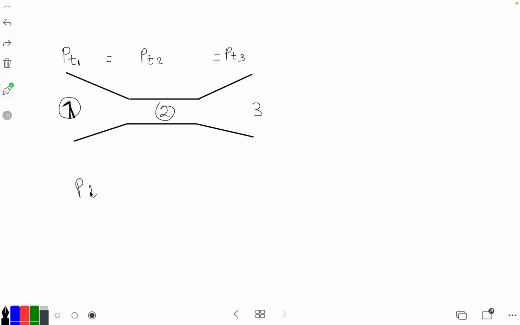Total pressure equals static pressure plus dynamic pressure Q.